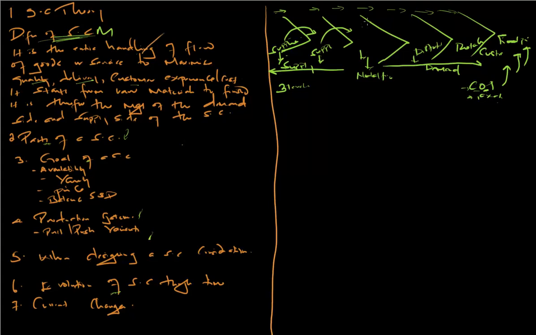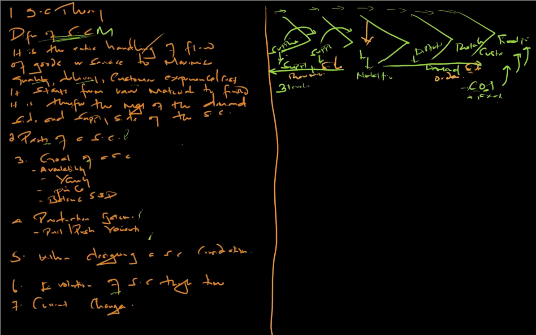You have the nodal firm, you have the supply side, then you have the demand side. The demand side is concerned with meeting the orders of the customer. The supply side is concerned with providing raw materials that are needed to produce the goods.